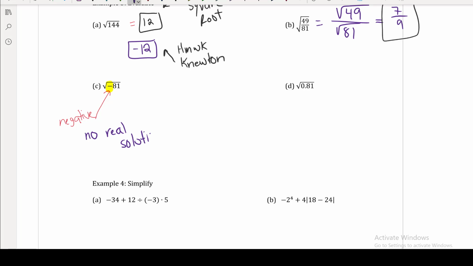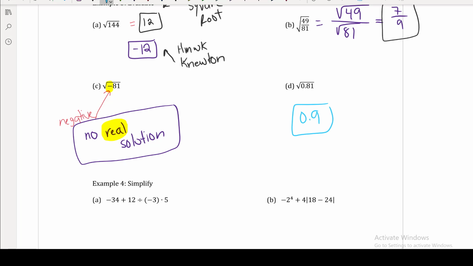There will be a solution later which will be imaginary, but for now the key word here is no real solution. It's not a real number, but it will be imaginary later. And then you can just plug this into your calculator, the square root of 0.81. Well, we already know that the square root of 81 is 9, so we actually are going to get that it's equal to 0.9. You just have to be careful of where the decimal is going to go.